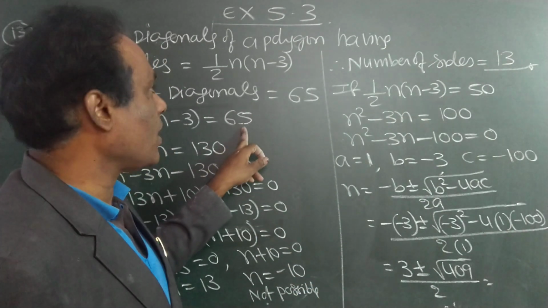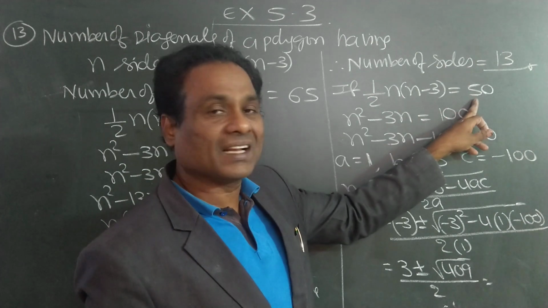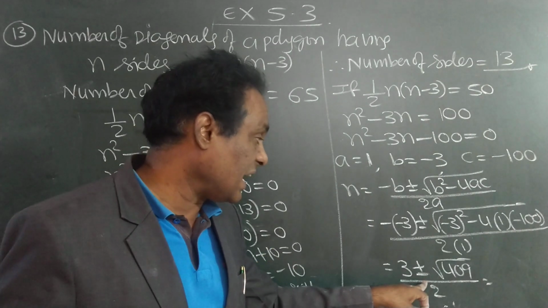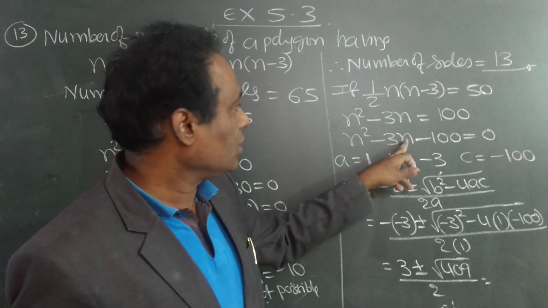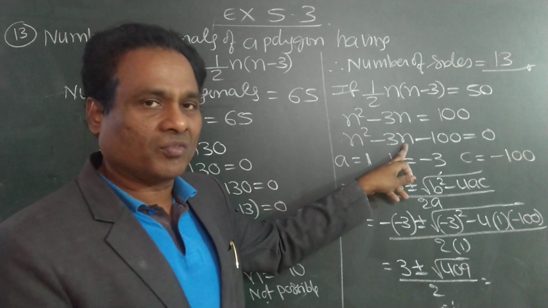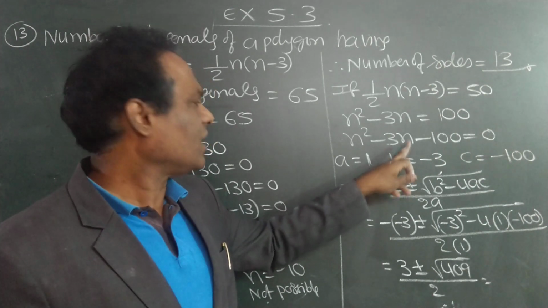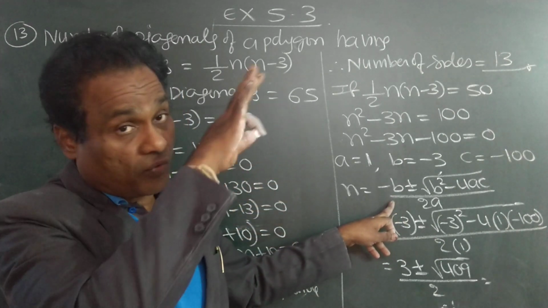65 diagonals is possible for a 13 sides polygon, but 50 diagonals is not possible. Such a polygon doesn't exist because we are not getting the n value. So we tried the factors method, we are not getting the factors, but the formula method also you can apply. This is the formula we derived, and we applied it for 4 or 5 problems.